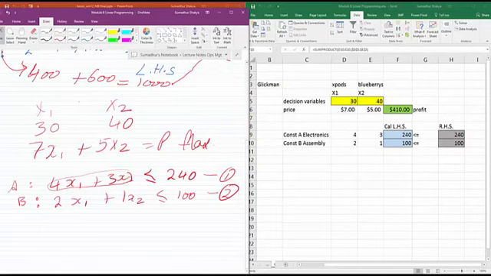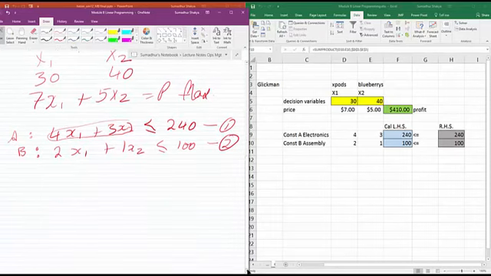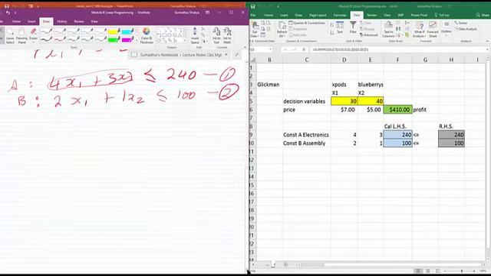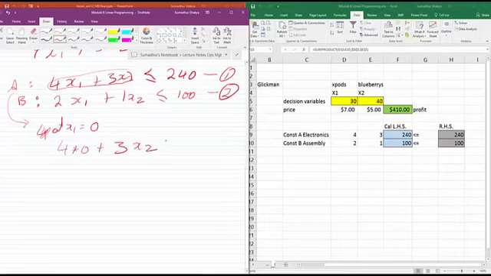Let me see if I can. If I was to deal with equation 1 at this point, then at x1 equals 0, this equation becomes 4 times 0 plus 3 times x2 equals 240.